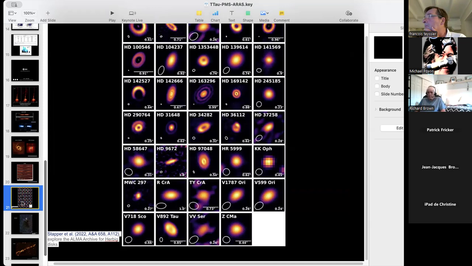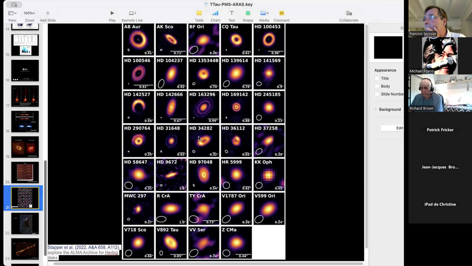Just as an example, this is from ALMA. This is the dust emission from a whole boatload of these, and they're rings, meaning that you have concentration of the material in toroid-like structures. Not all of them show only one. Some of them show multiple rings, like Fomalhaut.